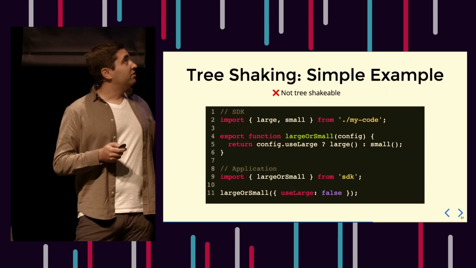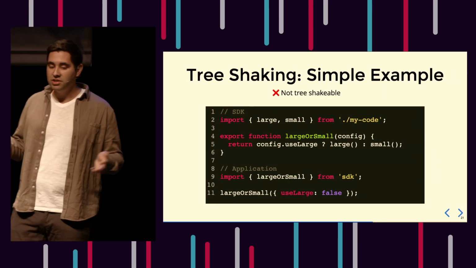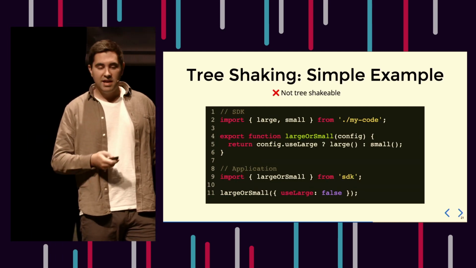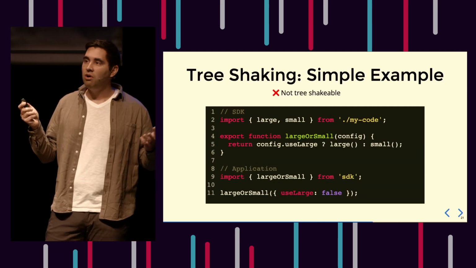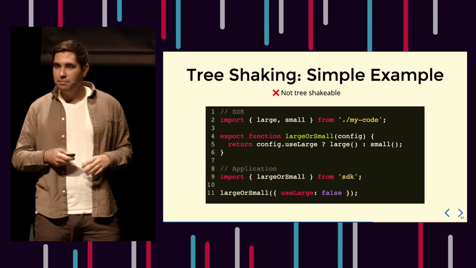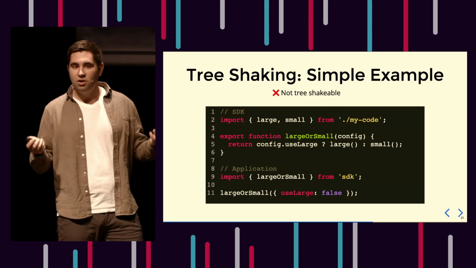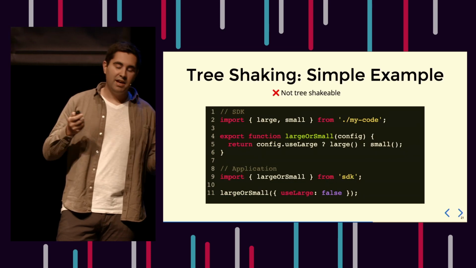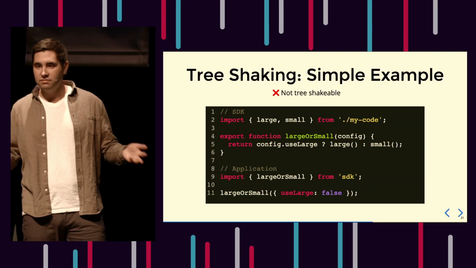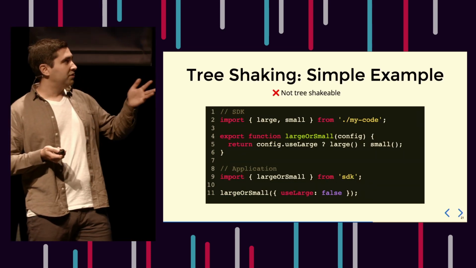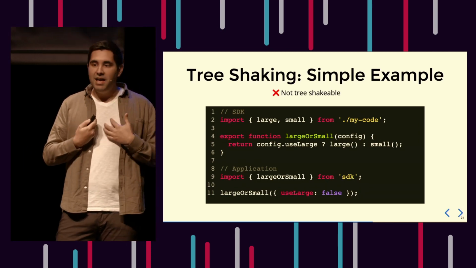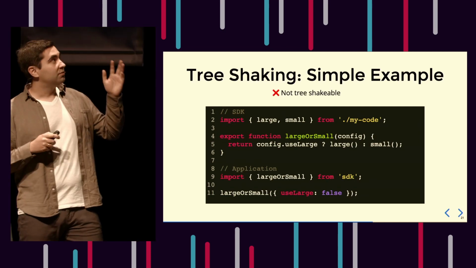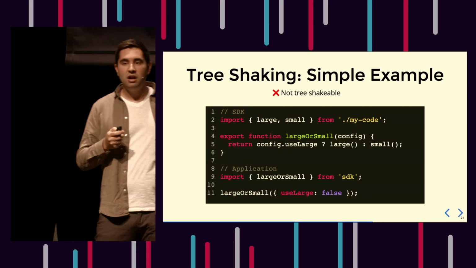Let's say in my library or SDK, I have a large and a small function. And I have a function, largeOrSmall, that takes some options. Based on these options, I call the large or the small function. Now, if in my application I import this function and call it with useLarge false, I, as a human, know that we're never needing the large function.